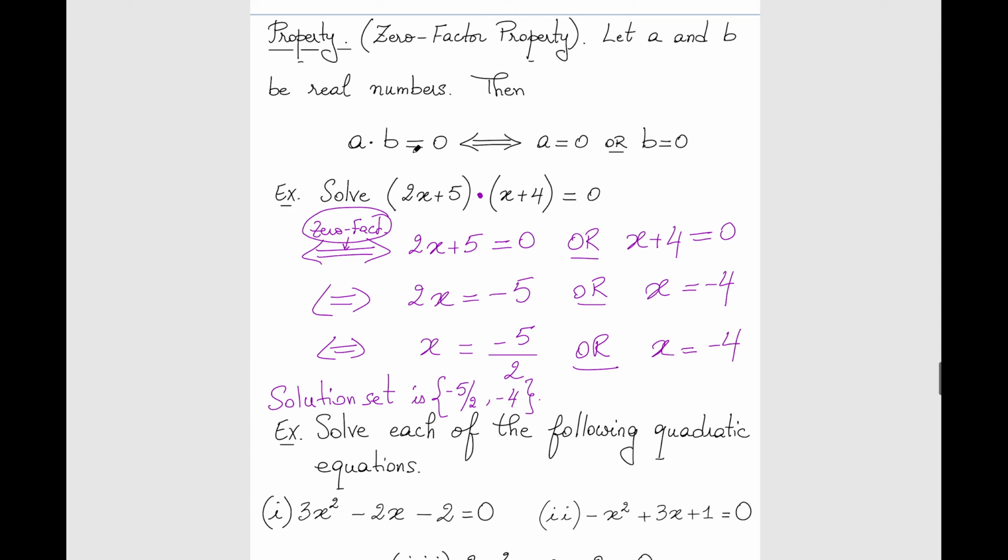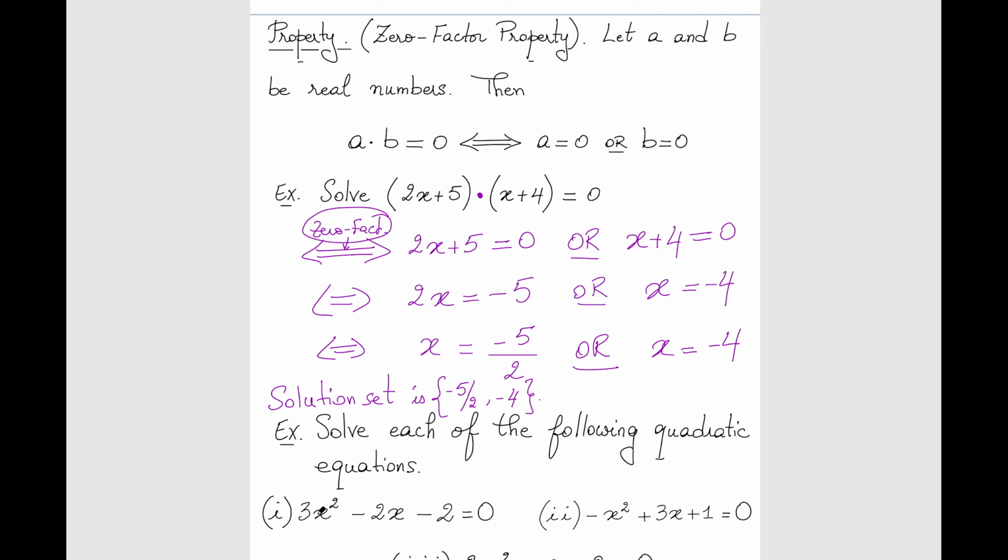And if a product is 0, I know exactly what it takes: at least one of the factors is 0, right? That's the 0 factor property just discussed. Make sense? So if I manage to factor the left-hand side, the second degree polynomial, I'm going to be able to use the 0 factor property, which is going to take me to the promised land, in the sense that it's going to give me the solutions, right?